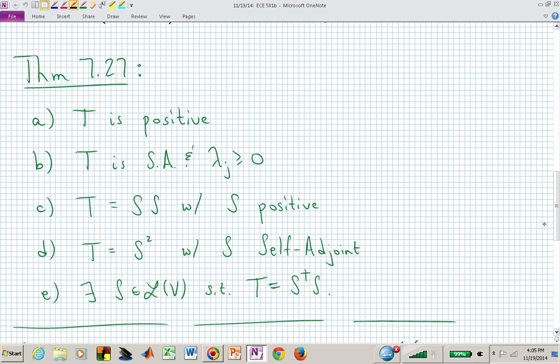Theorem 7.27 gave us this equivalence of five statements. T is positive.